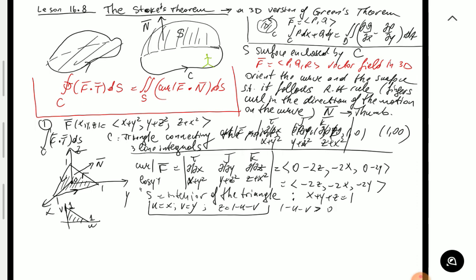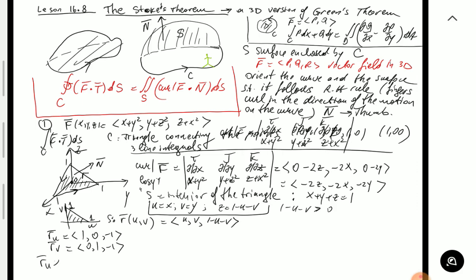Okay, so I think we have everything we need. Now let's set up the surface integral over the curl. So let's write down, of course, the surface as a parametric surface. So that's going to be (u, v, 1 minus u minus v). We're going to compute now r_u, which, of course, because it's all linear, is going to be made of constants only. So (1, 0, negative 1). And r_v would be (0, 1, negative 1) again.